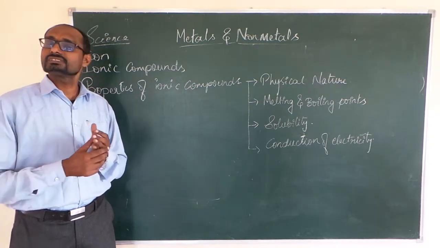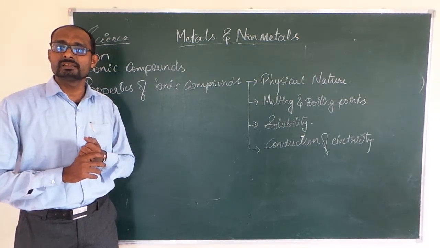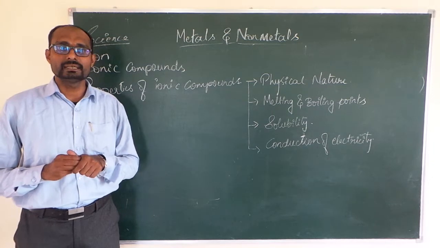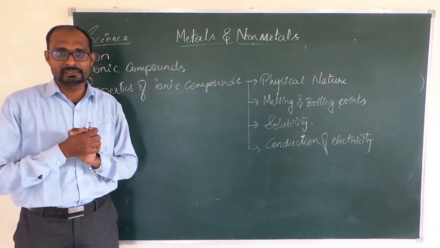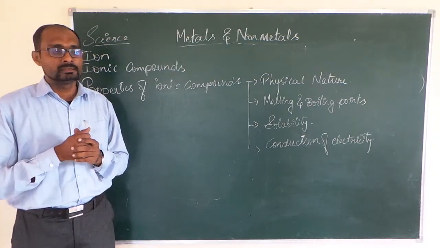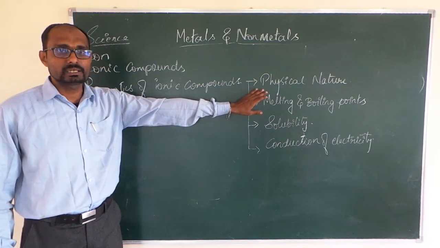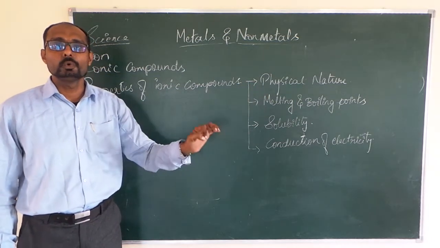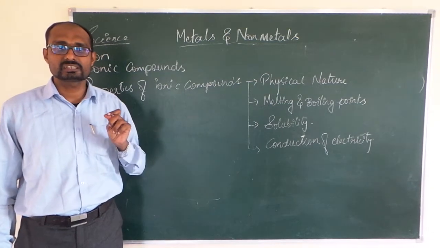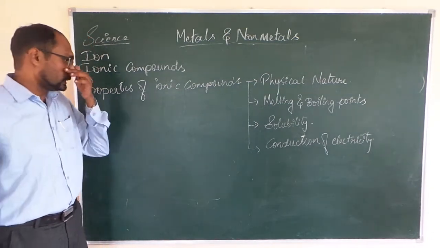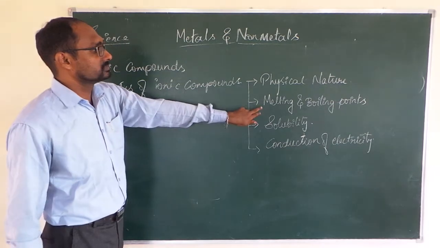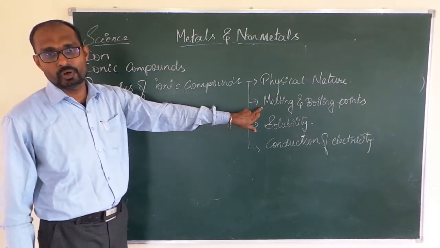Because of this strong force of attraction, they are usually very hard and not very easy to break. They are not brittle as well. So, coming to the physical nature of ionic compounds, they are usually very hard.